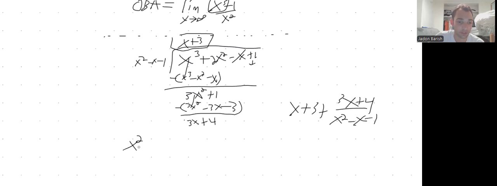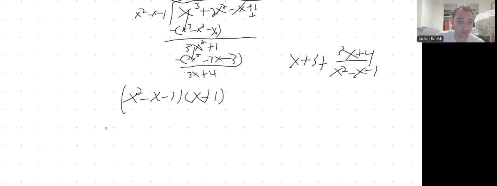Right? So now you're here. You're like, okay, let's check that and make sure we get the right thing. So first we're going to multiply by x plus 3 and see what we get before we deal with the remainder. When you do this multiplication, you're essentially going to have x cubed minus x plus x squared minus, wait, no, this is supposed to be x plus 3. Sorry. Plus x plus 3x squared minus x squared.